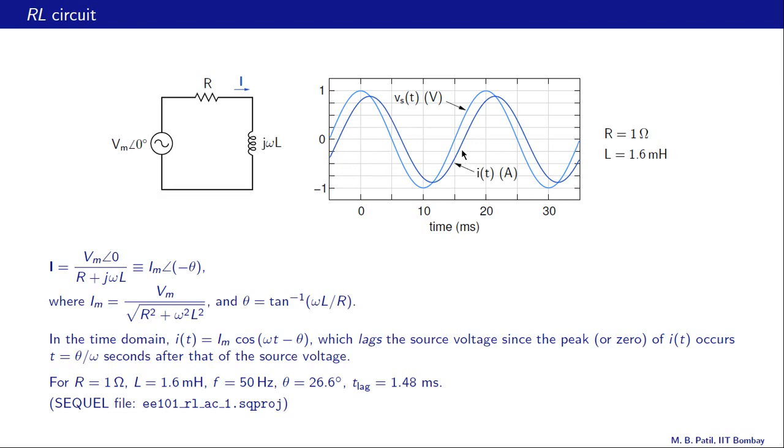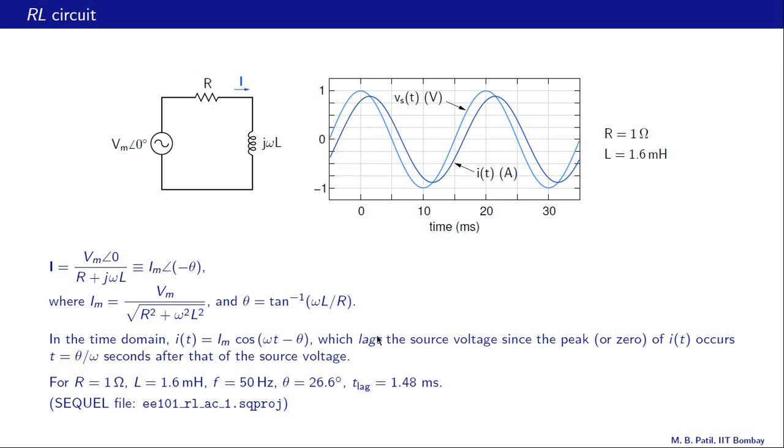Let us now try to understand this current plot in terms of this equation. Our Im value turns out to be about 0.9 ampere, and therefore we see that the current goes from minus 0.9 amperes to plus 0.9 amperes. As we have said earlier, theta is 26.6 degrees. Now how do we relate this value to this plot?